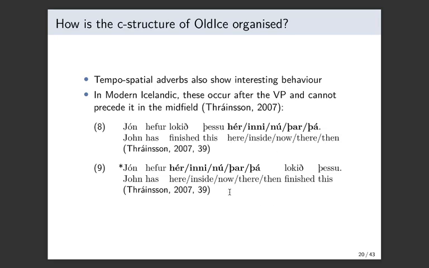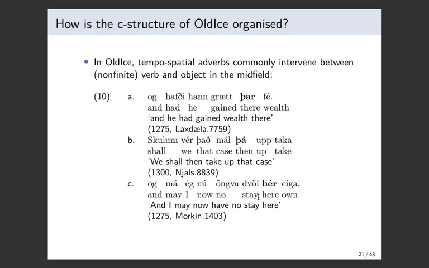But this configuration, where you have it before the verb and its object, is ungrammatical. Now in Old Icelandic, again, we find a different picture. These tempo-spatial adverbs can actually commonly intervene between the verb and object in the midfield. And we've got some examples here.